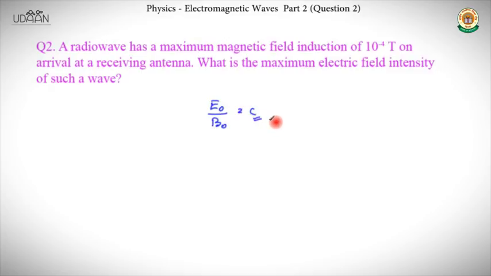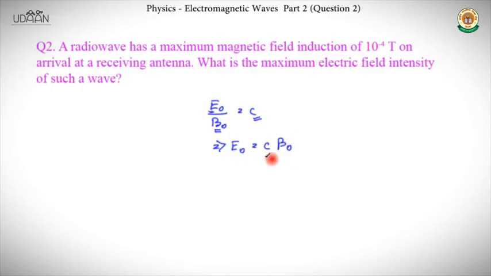C is the speed of light, which is also the speed of any electromagnetic wave, let alone radio waves and microwaves, whatever be the case. Here E naught is the amplitude of the electric field, and B naught is the amplitude of the magnetic field. So we can say that E naught equals C B naught.